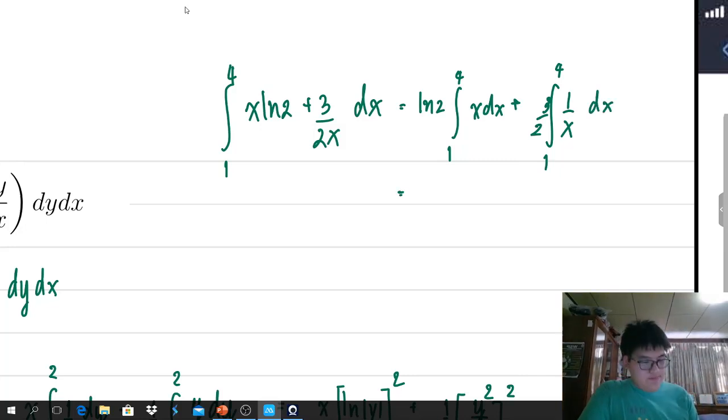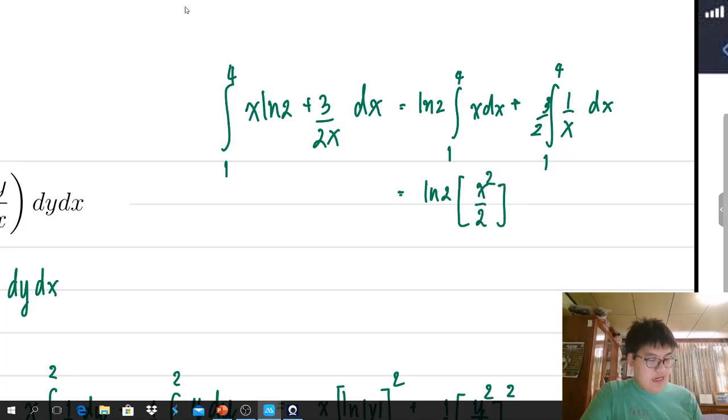Okay, this one ln 2, and integrating x we will get x squared over 2, and then we take this one from 1 to 4, and 1 over x dx we will get ln absolute x, from 1 to 4.